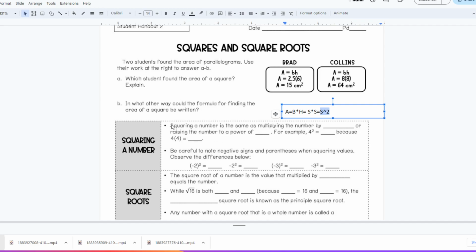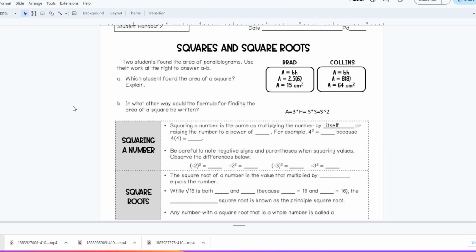So squaring a number is the same as multiplying a number by itself. So that is what you're going to put in here. Now these take a little bit longer to make because I have to fill in a bunch of stuff.